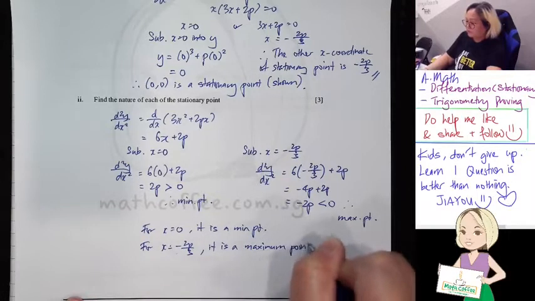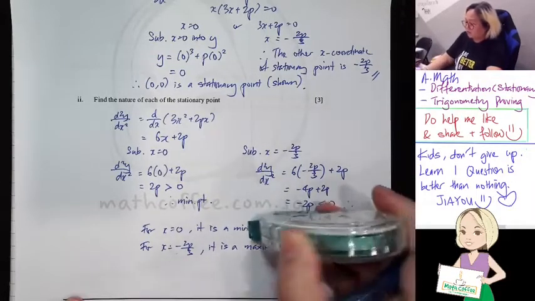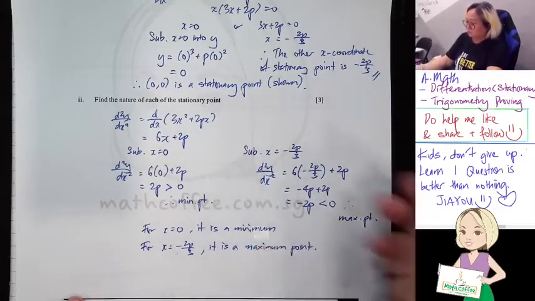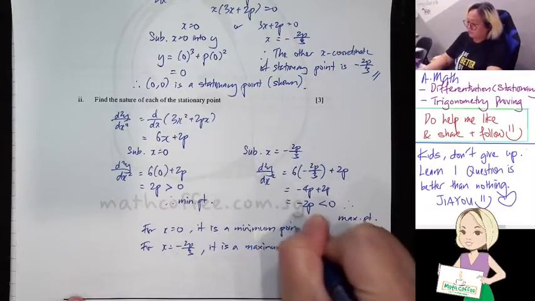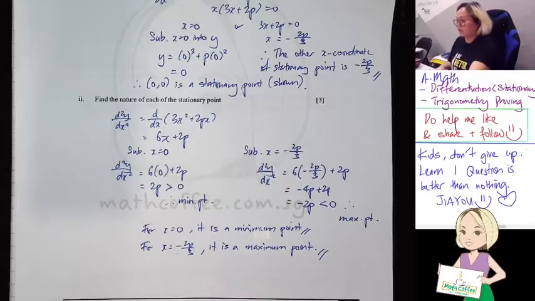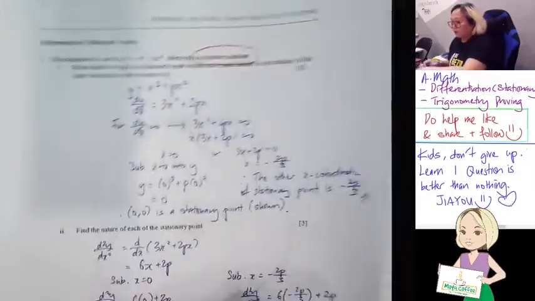Okay, let's just spell it out. Done. All good. So I have used the second derivative test to find out whether it is a maximum or minimum. Okay, so that's for question 1, part 1 and part 2.